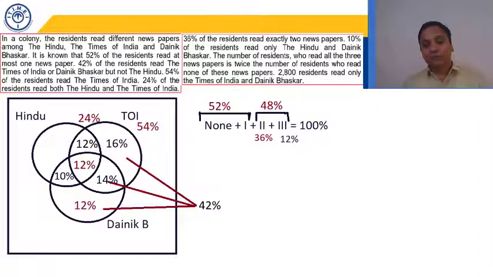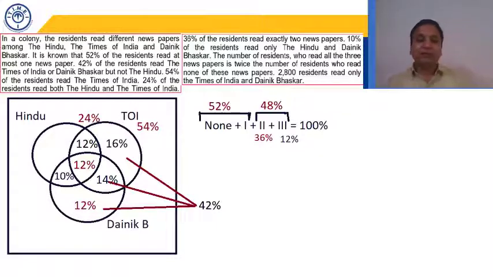Let's read further. Maybe we get some other hint. The number of residents who read all the three newspapers, which is 12% as we know, is twice the number of residents who read none of these newspapers.